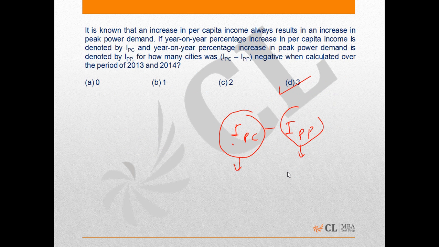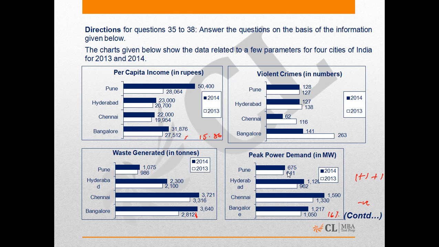So for Bangalore, waste generated increase is around 30%, and this is obtained by increasing some figure by two factors.